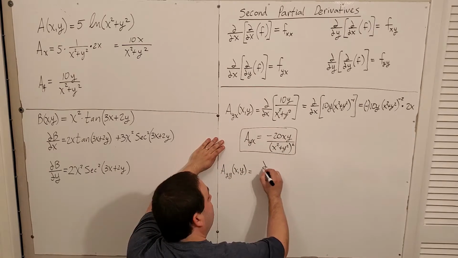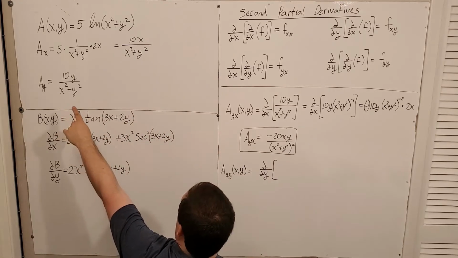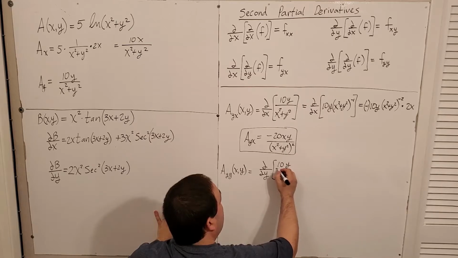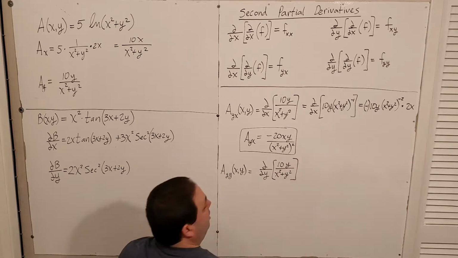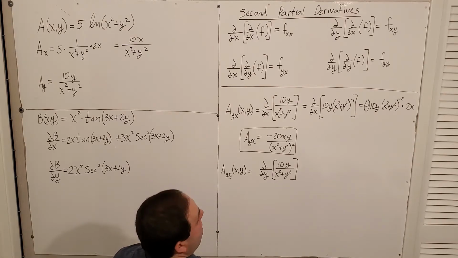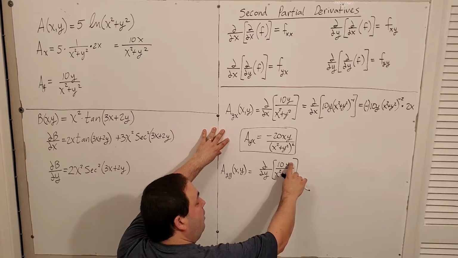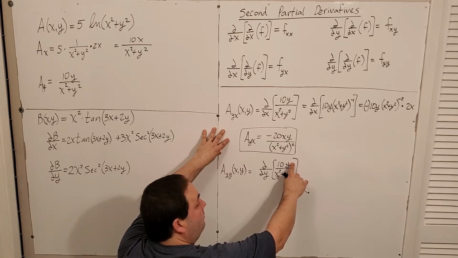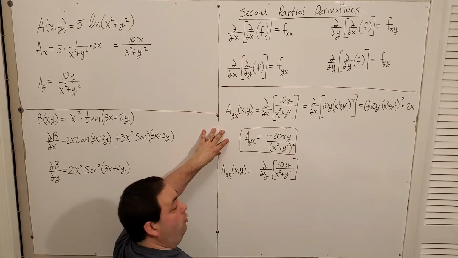I'm going to do the partial derivative with respect to y of ay. That just happens to be the same thing that we were just doing the partial of, right? Difference this time is the y derivative can now affect the numerator, right? That's actually a function of y. So in this case, I'm going to go ahead and leave it in quotient rule format.